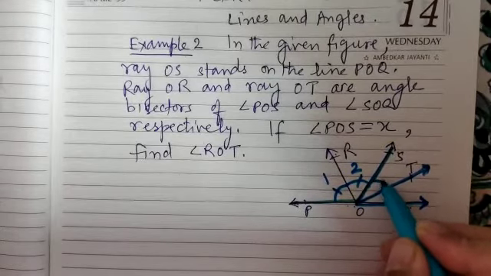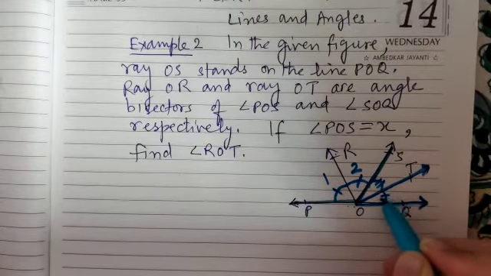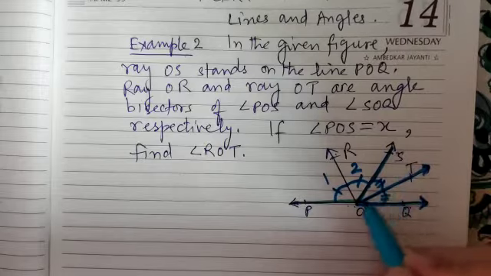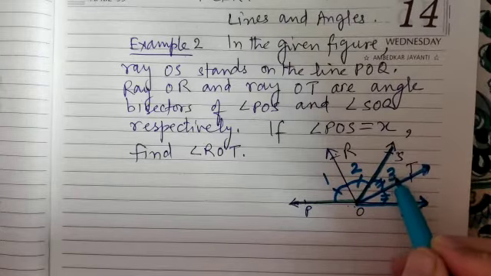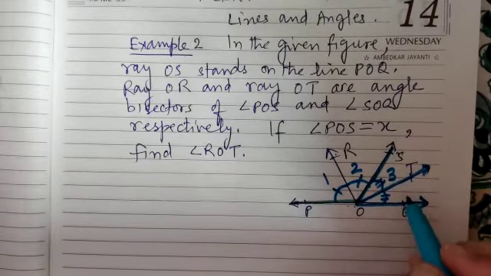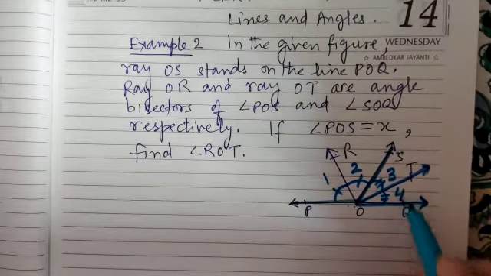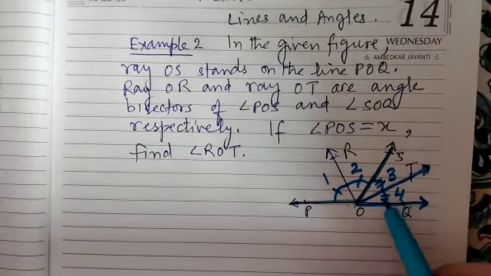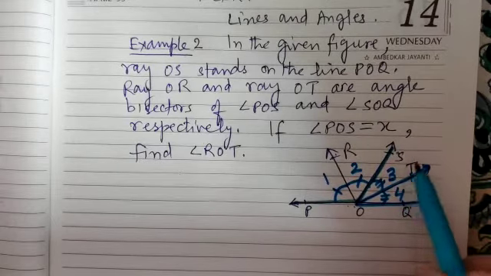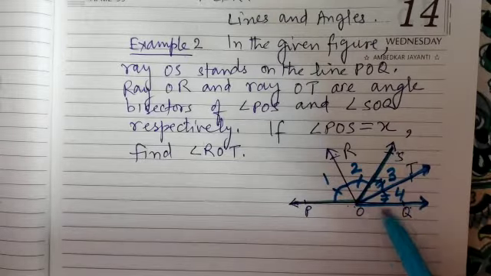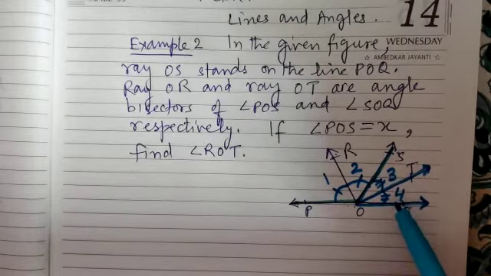So we can mark these angles here. Angle SOT, let us take it as angle 3 and angle TOQ as angle 4. So as per the definition, OT is the angle bisector, so angle SOT will be equal to angle TOQ, that is angle 3 is equal to angle 4.